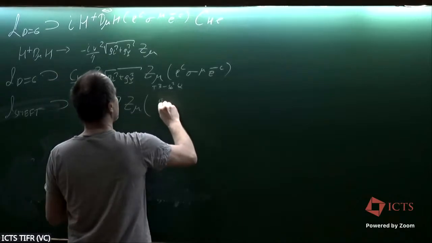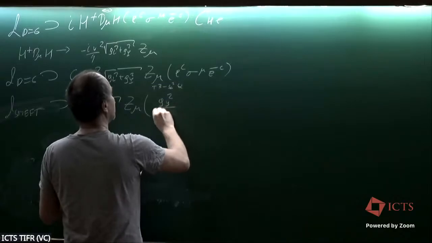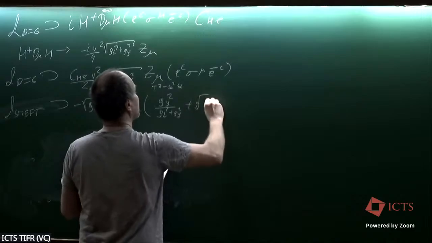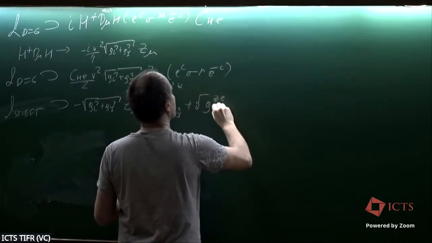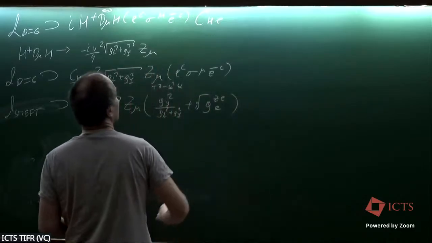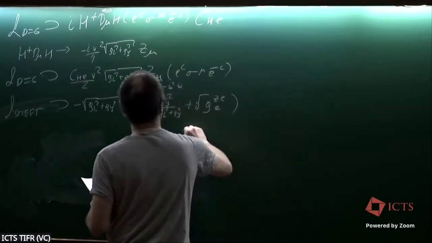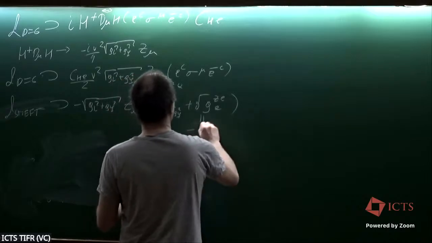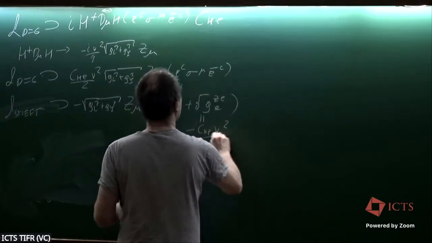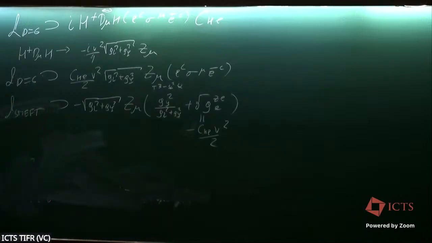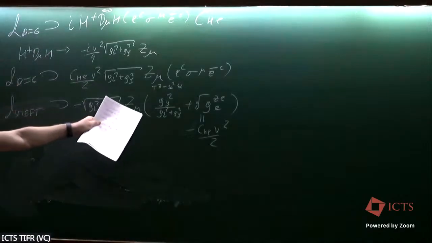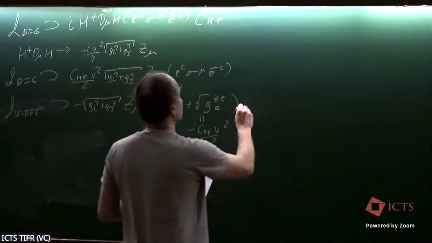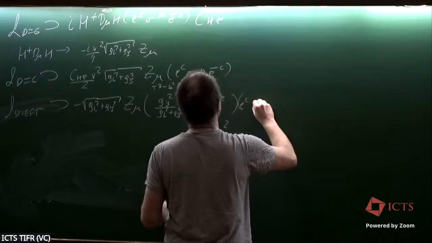So there is gY squared over gL squared plus gY squared plus delta g ZER, where delta g is equal to minus CHE v squared over 2. So what happens is that this operator gives you a correction to the Z coupling to right-handed electrons.